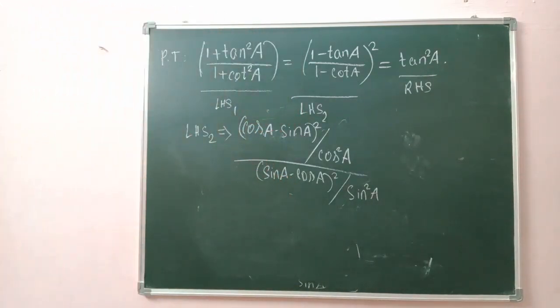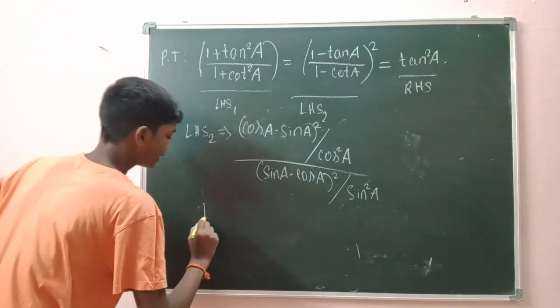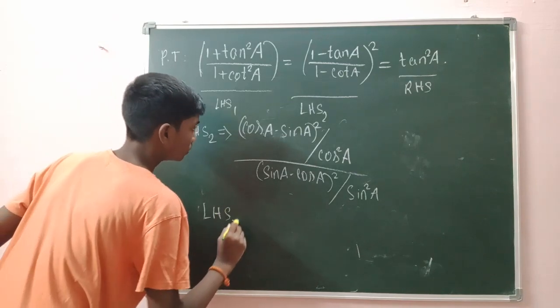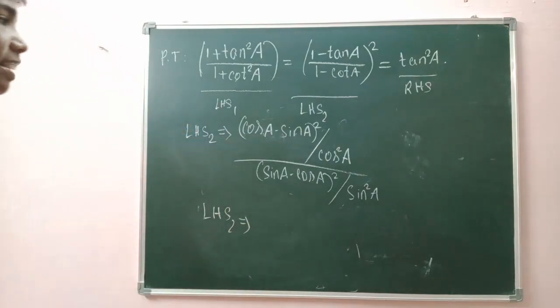So now I solve the square. Okay. So this expression I can write as, what is your cos A minus sin A whole square?